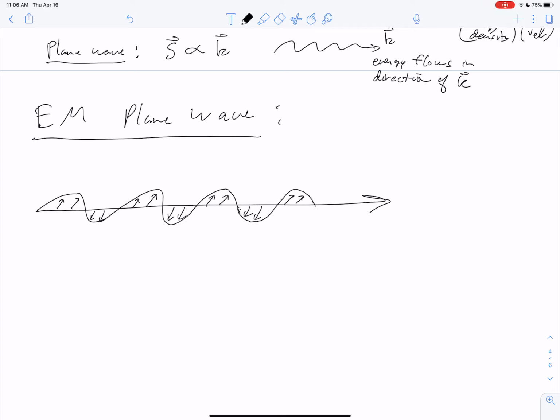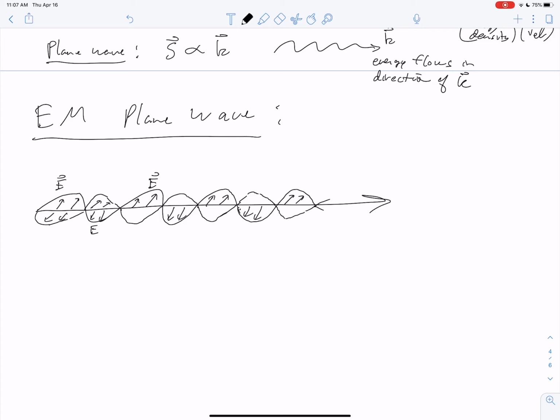I'm trying to draw it three-dimensionally. That's why it looks funny. I'm trying to draw the E and the B at the same time.